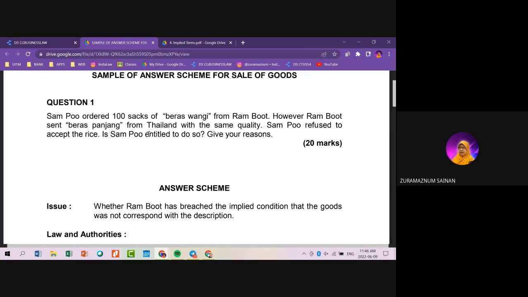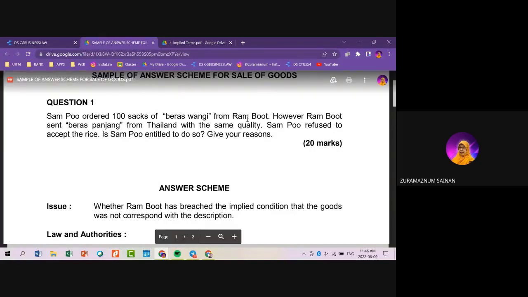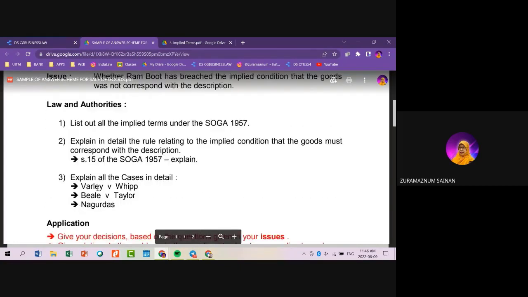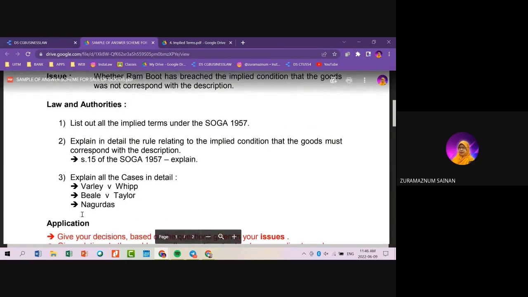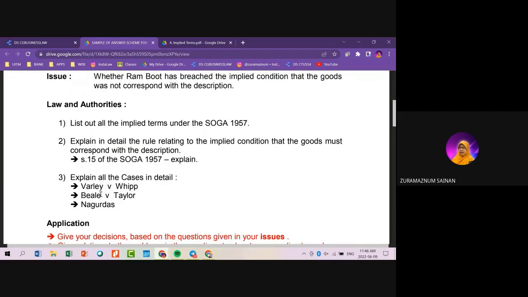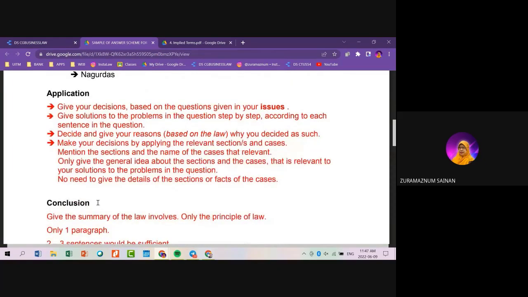So if there is a breach of condition, implied condition, it means the contract is voidable, can be cancelled, avoided by the buyer. Reject the goods. So in this situation, Sampu has the right to reject, refuse to accept the rice. By virtue of the case of Wali versus Whip, or Bill versus Taylor, or Nagurdas, mention all three case names, it is fine. That is how to do the application.